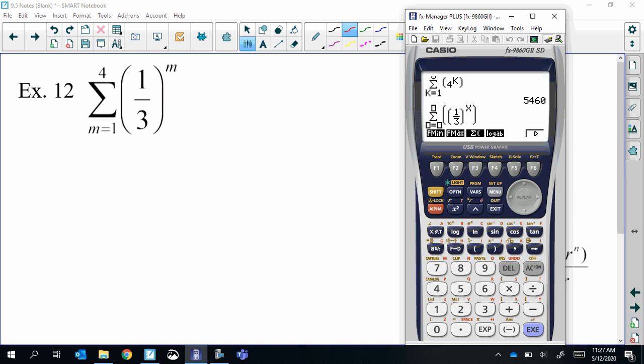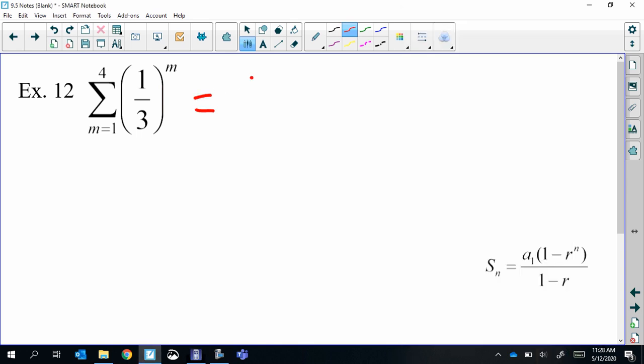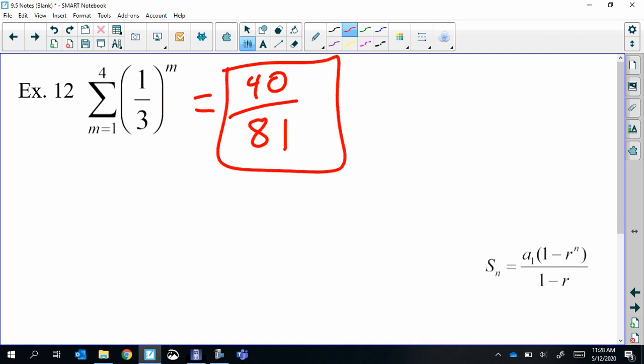Then you would do comma if you don't have this calculator. Instead of pushing the right arrow, now you have to type in the variable again, x. And now either comma or right arrow. Bottom number is 1. And then comma or right arrow to move up to the box, 4 for the upper limit. That's 40 over 81. That's it.